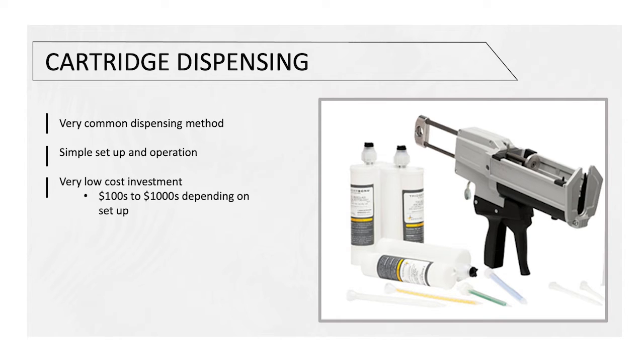These cartridge dispensing systems are fairly simple, similar to a caulking gun. The helical mixing tubes are disposable and relatively cheap, making cartridge dispensing very accessible, a low overall investment, but with less accuracy in the mix ratio of the epoxy and also lower dispensing accuracy because this is typically done by hand.